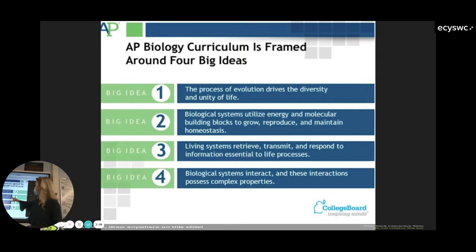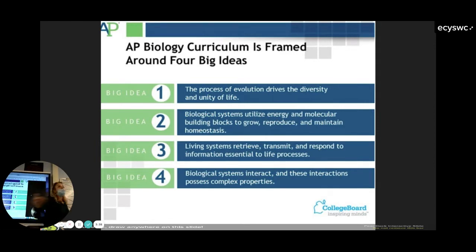Number 2 is all about utilizing what? Energy and molecular building blocks to grow, reproduce, maintain stasis. Number 3, living systems retrieve, transmit, and respond to what? Information. Remember when we just finished that unit about cell communication, how you can talk from one cell to another? So that's a lot about that. And then big idea 4, biological what?